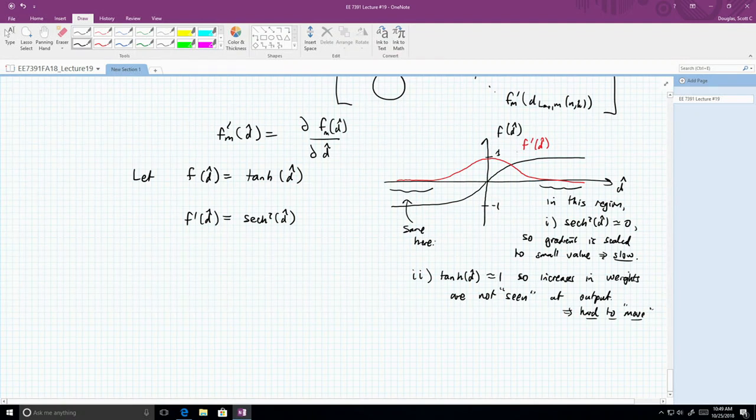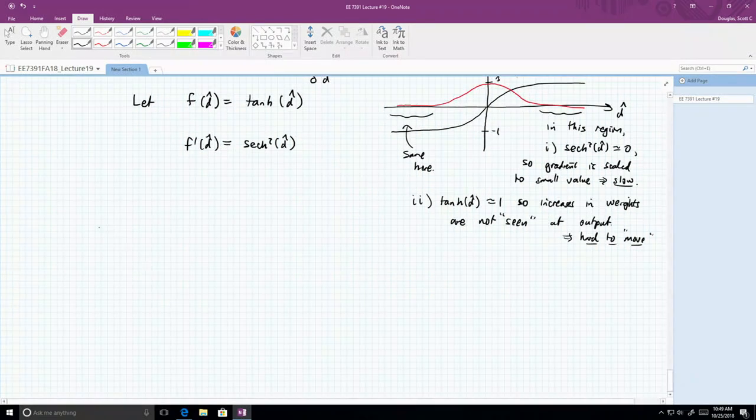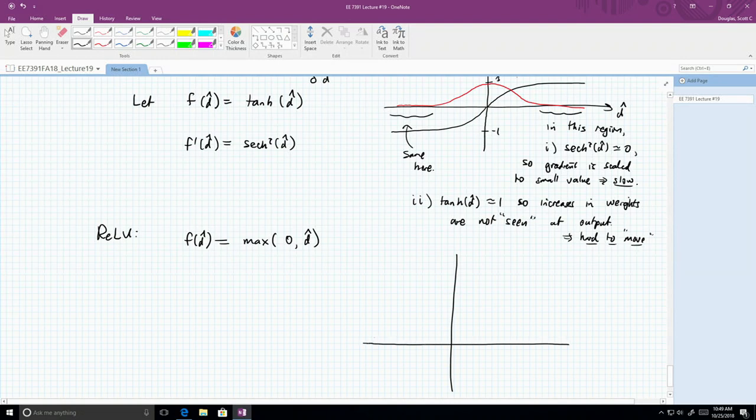Now, the reason why we like ReLUs is because if I look at the ReLU nonlinearity, what does that look like? Well, f of d hat is equal to the maximum of 0 and d hat. That looks like this: it's flat at 0, and then it goes up linearly. So that's d hat and f of d hat.